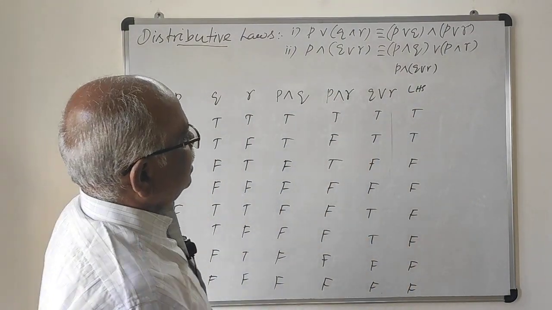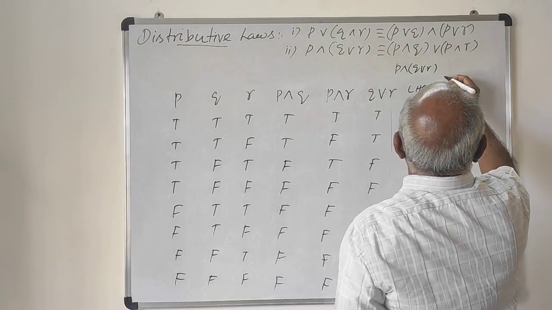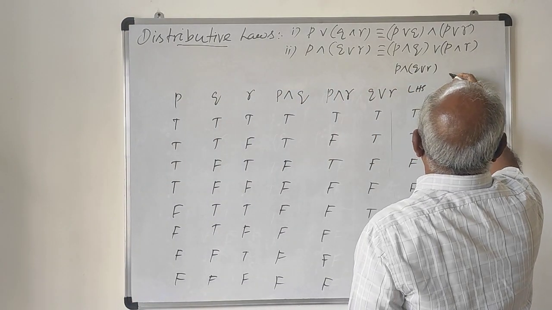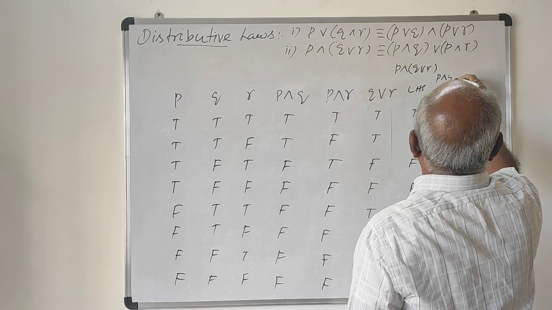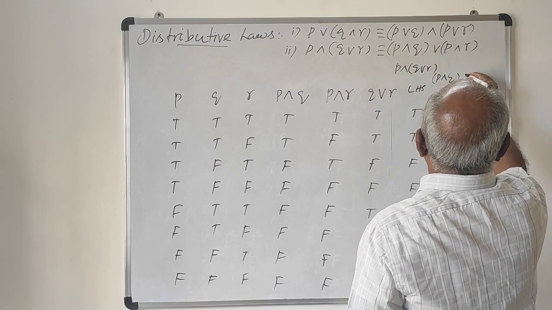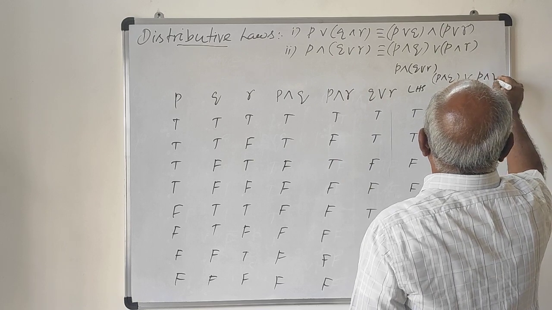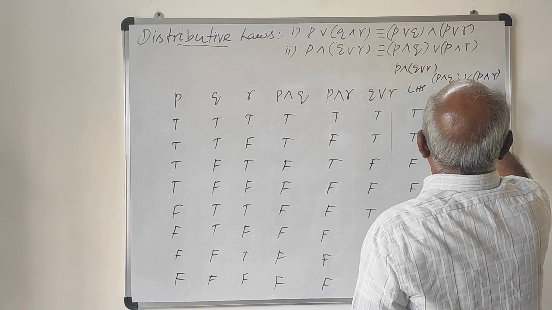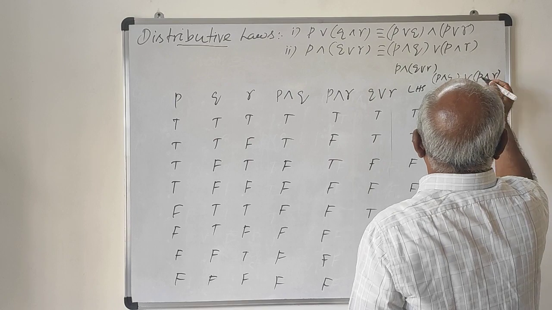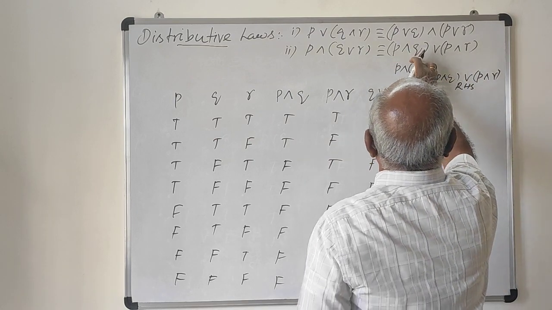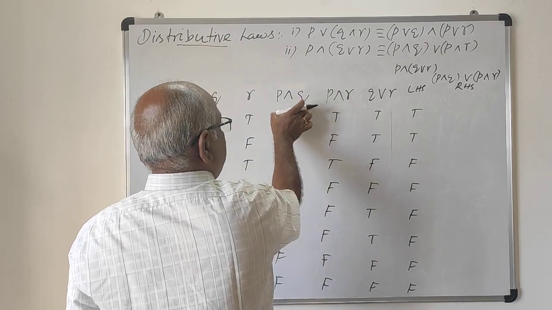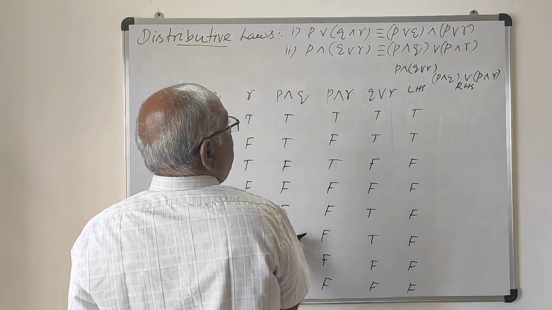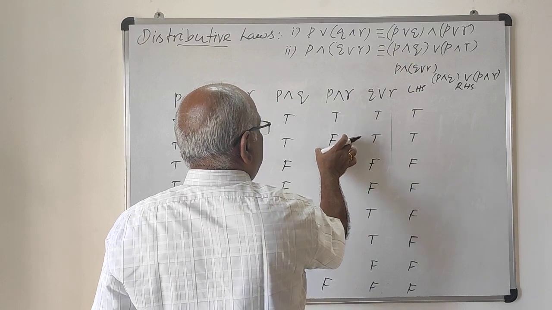That is the left hand side. Now the right hand side we want: (P conjunction Q) disjunction (P conjunction R). This is our right hand side. P conjunction Q is the fourth column and P conjunction R is the fifth column.